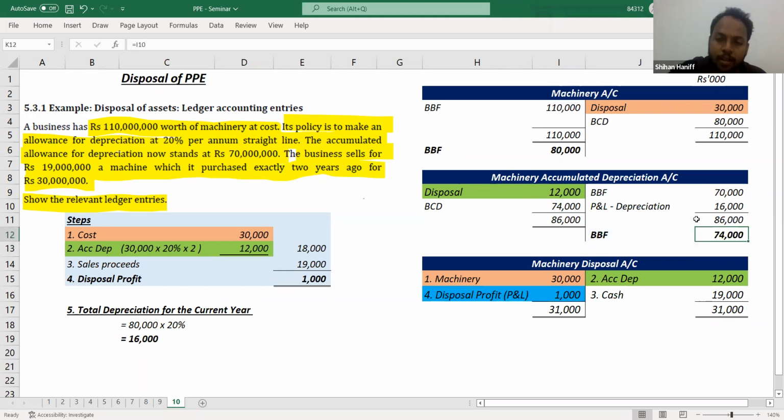So in the statement of financial position, the machinery account balance is 80,000. Accumulated depreciation balance is 74,000.